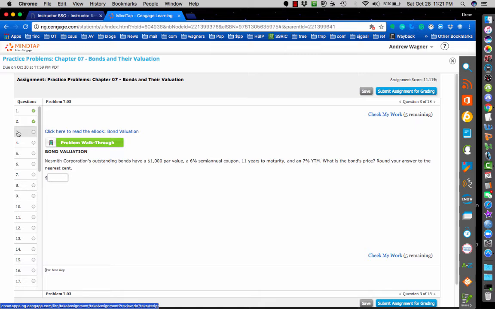11 years to maturity, but there are 2 coupon payments per year, so we multiply that by 2. That is, there are 22 annuity. There's like a 22 period annuity of $30 per 6 months. So put in 22 for N, and 7% yield to maturity. That's per year, and we want the interest rate per coupon payment period, which is 6 months.